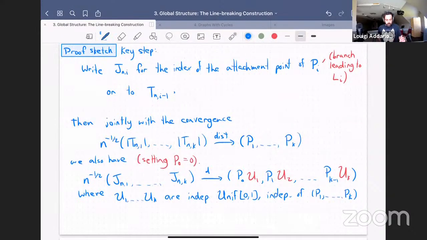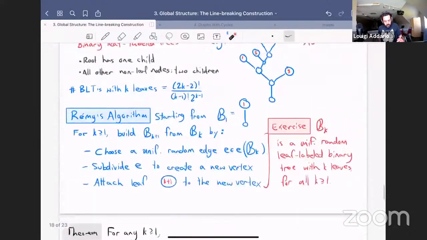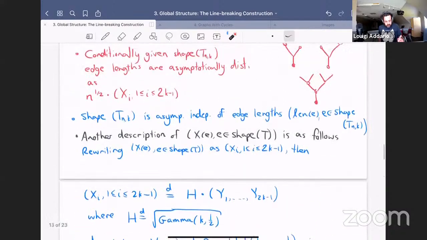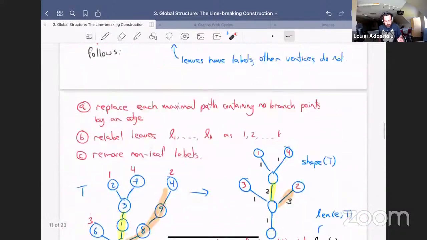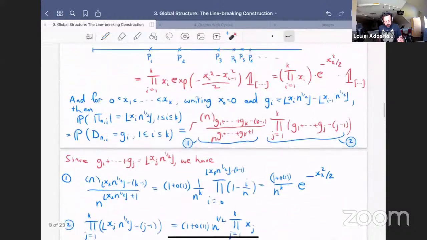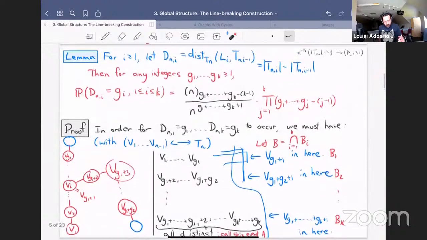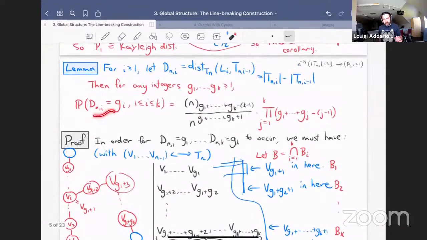Okay, so what's this really saying? Let's look back at a proof from earlier to get a flavor for this. We had this combinatorial result about the joint distribution of these edge lengths.